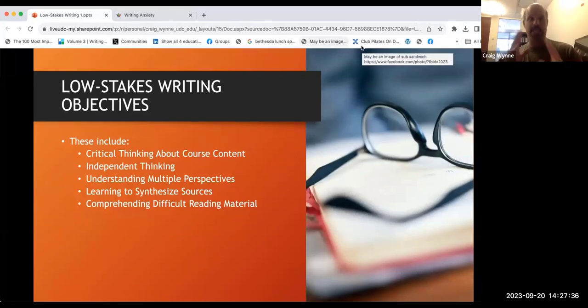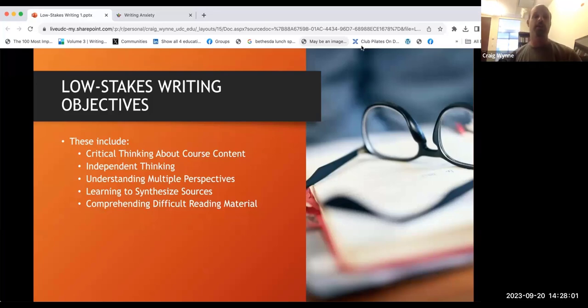It gets them thinking about concepts, and writing is a great way to help students process information and to develop their own perspectives and independent thinking, and also understanding multiple perspectives. Right now in my IJED 111 classes, students are writing an argumentative essay, the topic of which I'll give you a little bit later in the presentation.